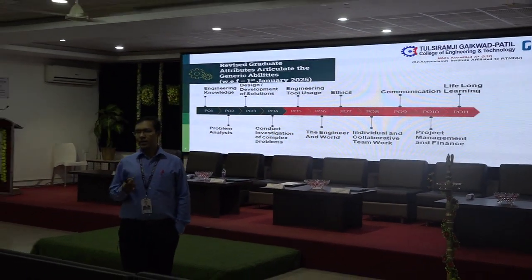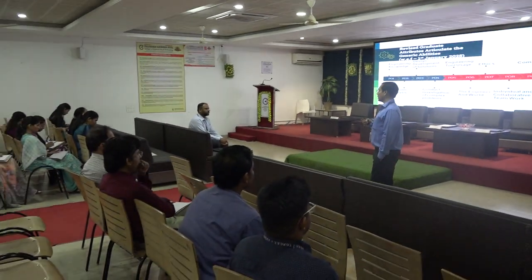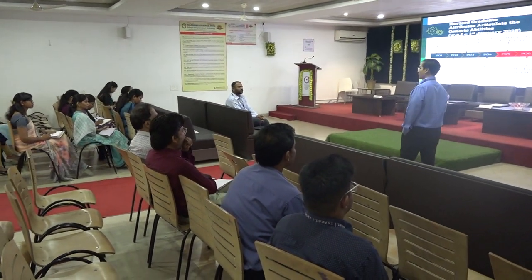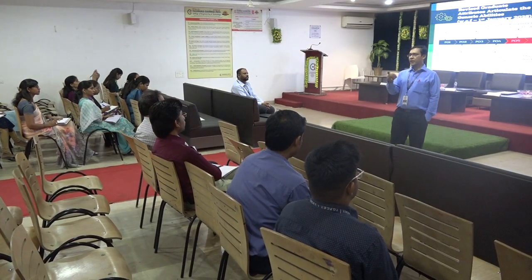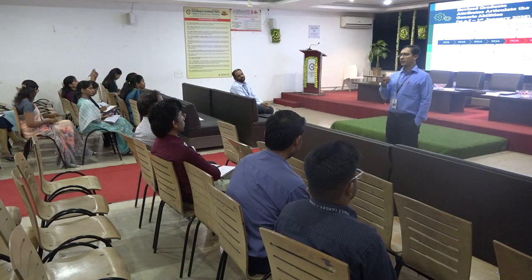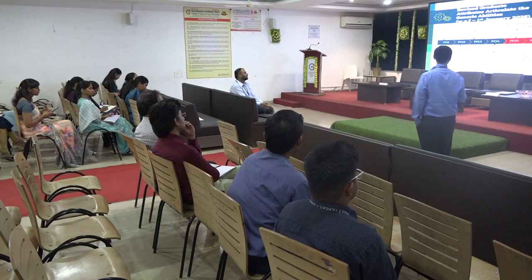Now they have changed the nomenclature to collaborative work. Now it's no more just teamwork, it's collaborative work. Collaborative work means it may be in a team, it may be in different types of teams, it may be in a multidisciplinary team as well. That's why the nomenclature is slightly changed.